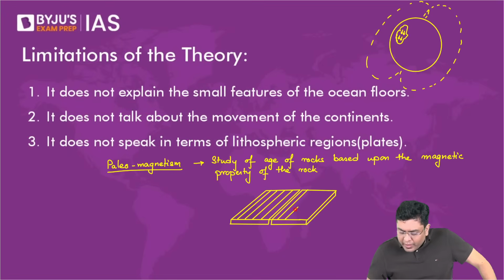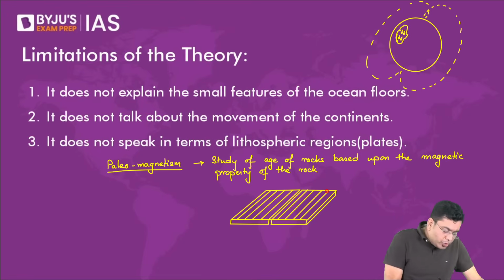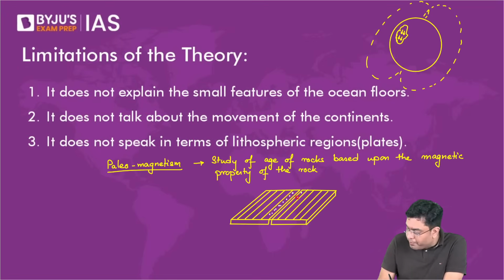But later on, after Harry Hess, a couple of scientists matched it with the other section of the mid-oceanic ridge. And to their surprise, they found that the magnetic fields indicated by the rocks are similar on both sides of the mid-oceanic ridge.